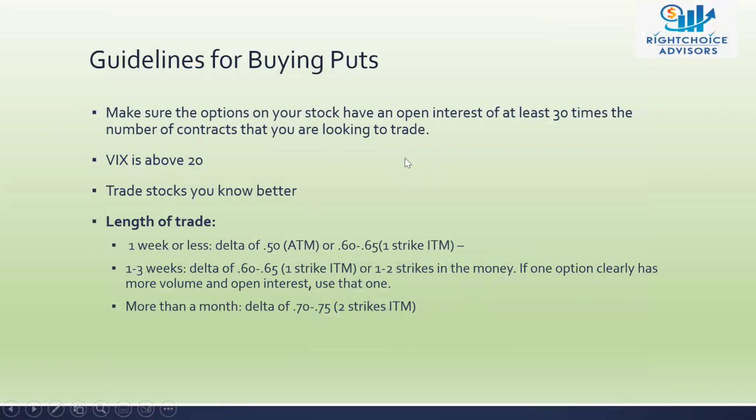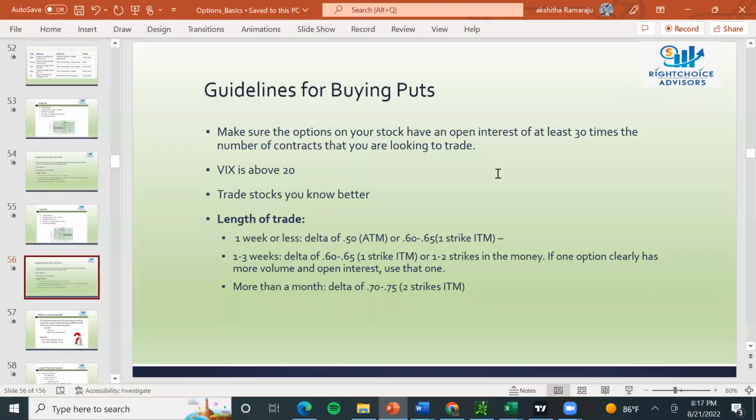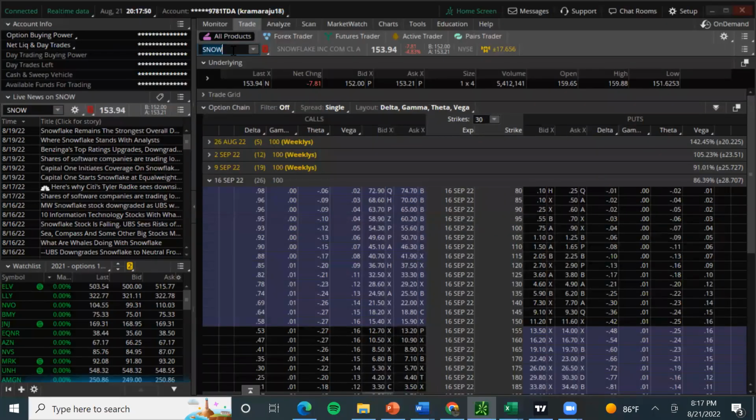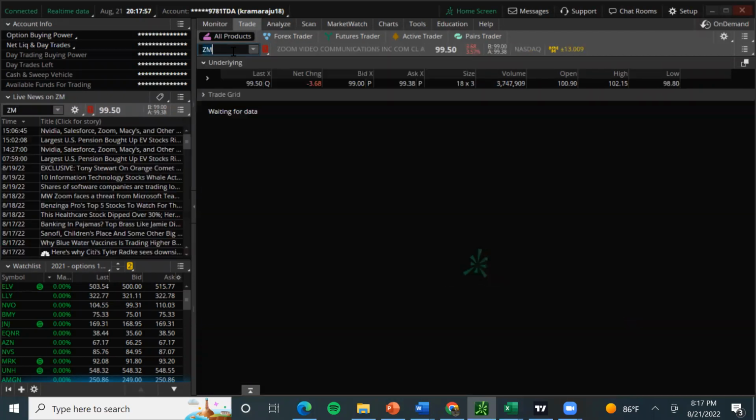Make sure when you are buying a put, you should have a minimum of 30 times open interest for whatever you want to buy. Let us see Zoom.